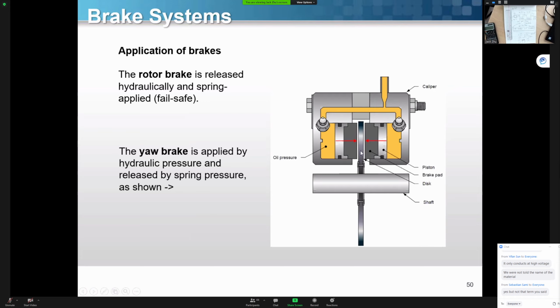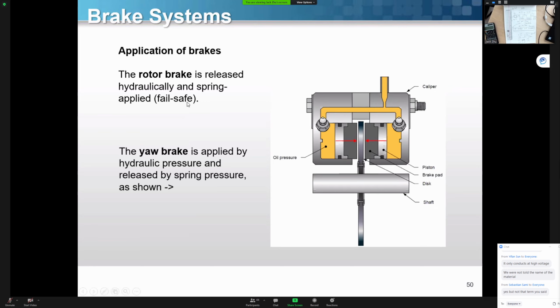This is the rotor brake. If you don't want the rotor to rotate even without hydraulic power, the rotor is still going to lock. If you want the rotor to move, you have to apply hydraulic pressure to release the brake. The yaw brake is different. It uses hydraulic pressure to apply and is released by the spring. Those are two different designs, depending on which fail-safe behavior you want.